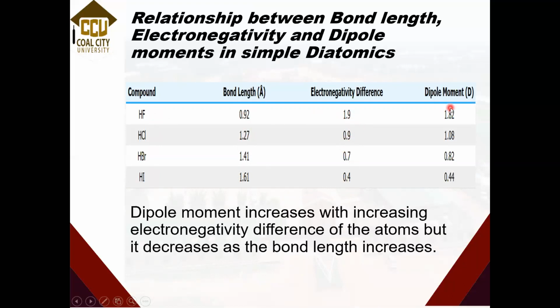Dipole moment is a result of the electronegativity difference. So the higher the electronegativity difference, the higher the dipole moment. You can see this 1.9 electronegativity difference has a dipole moment of 1.82. This one became 0.9 electronegativity difference, and the dipole moment also reduces. As electronegativity difference reduces, dipole moment reduces.